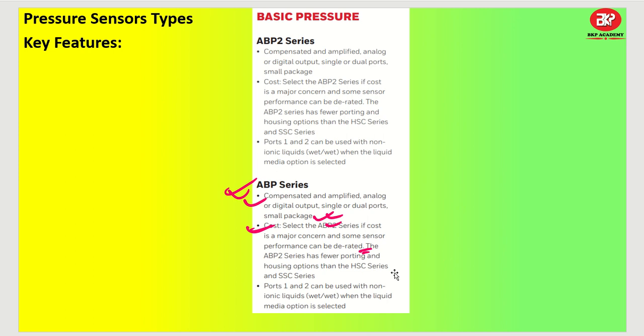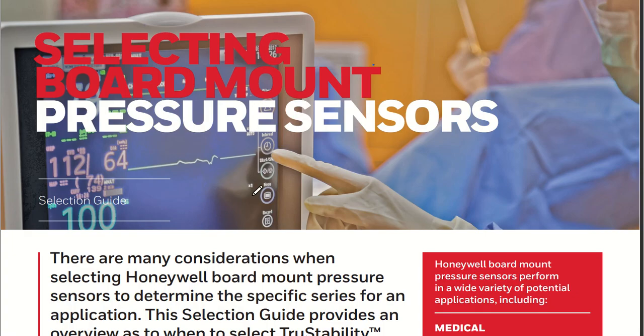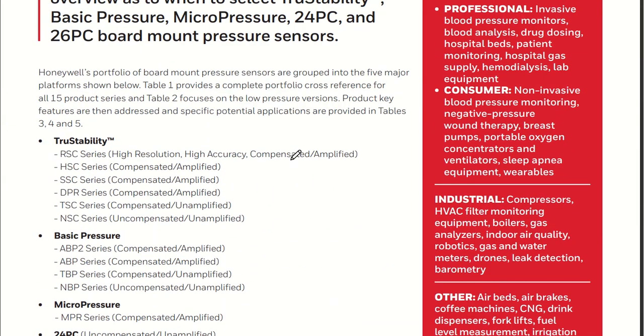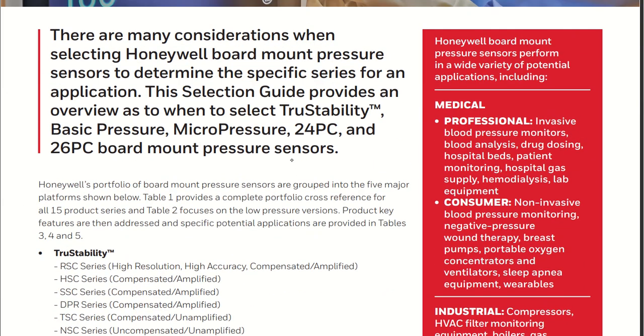So let me directly take you to the data sheet, where we are going to talk about how to select a particular board mount pressure sensor. Okay, so this is the pressure sensor that we are going to select. Just now I told you some of the basic applications. Medical applications include blood pressure monitors, blood analysis or drug dosing.